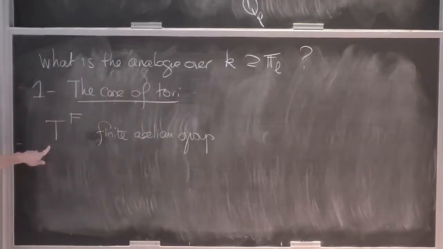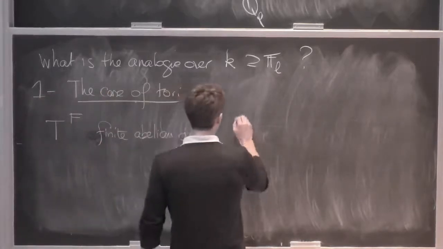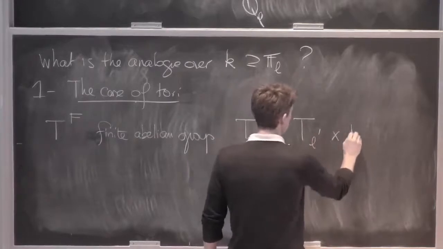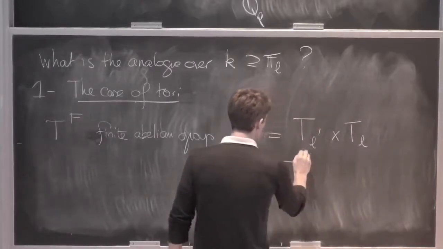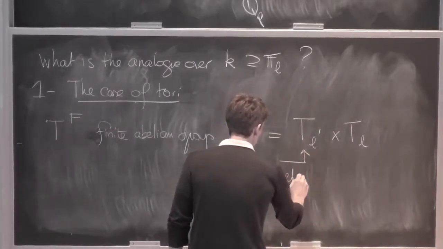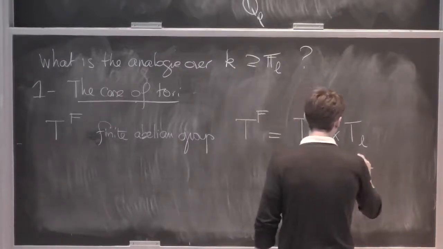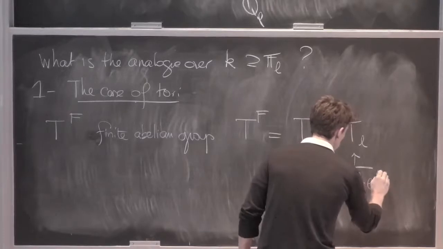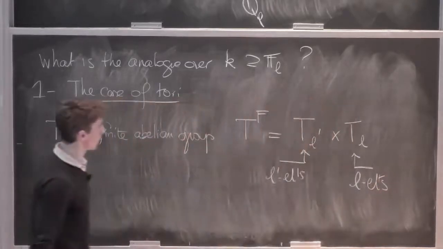Since we're going to work in characteristic L, you can separate the elements whose order are powers of L from the elements whose order are prime to L. So you can write it this way, T_L' times T_L. So this is the set of L prime elements, which is a group in this case because we're working with abelian groups. And this is the set of L elements, okay?